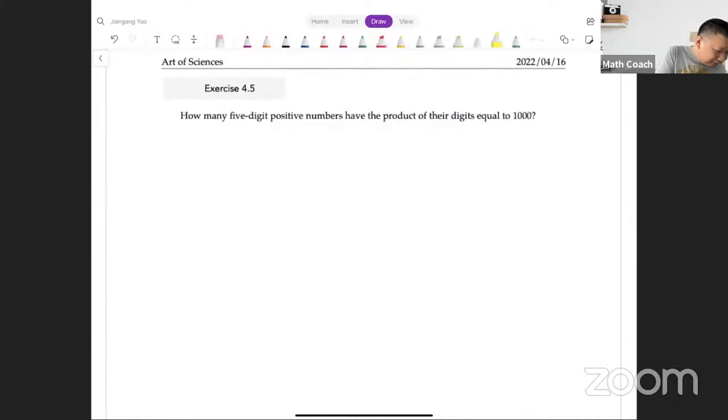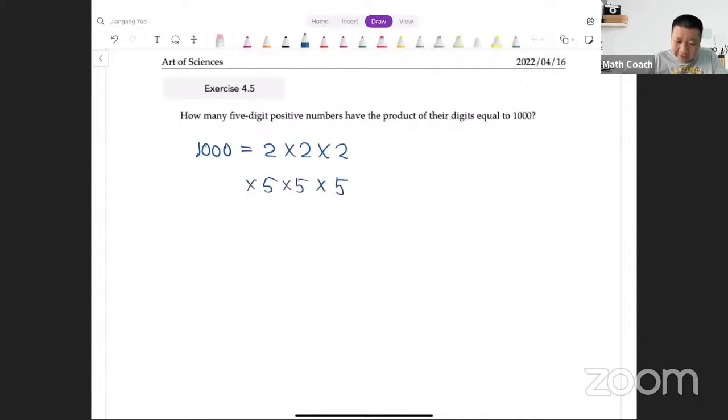So now first, let me quickly finish this. The product of the digits is equal to 1,000. So what does it mean? It means we have to split it, right? So 1,000 can be split into what? 2 times 2 times 2, then multiply 5, multiply 5, multiply 5, right? And so you have to allocate them into the 5 numbers.